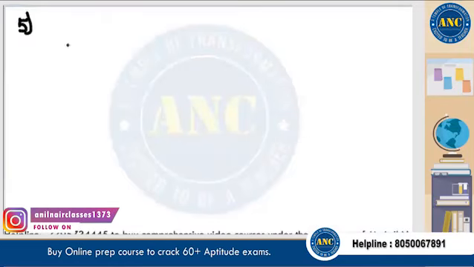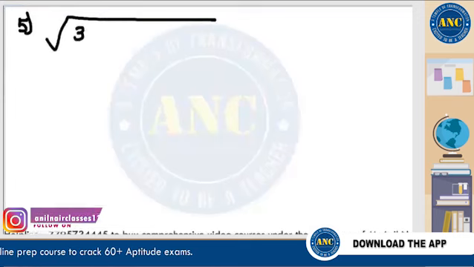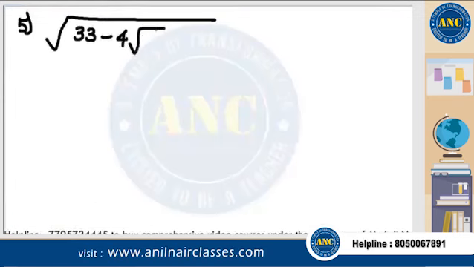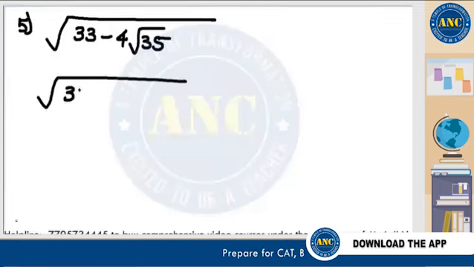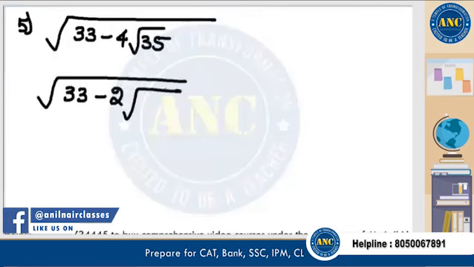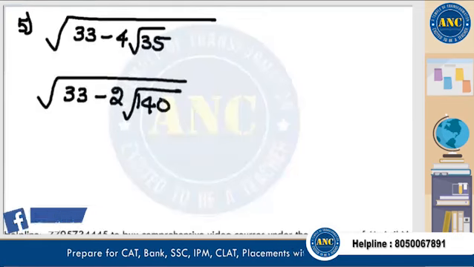Fifth one. Square root of 33 minus 4 root 35. It is 33 minus 2, and if it goes inside, it is 140.